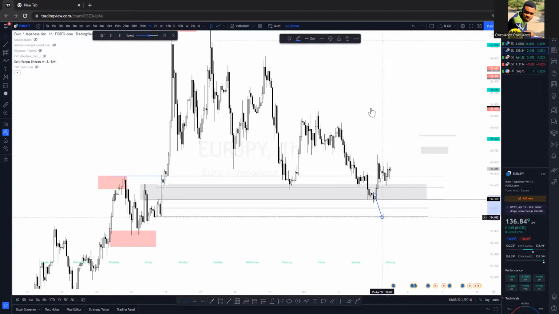Within another block, price can play anywhere. Can play the opening, can play the 50%, can play the 100% and go. I get it. That's why always you have to give your SL some breathing space, at least a pip, right?